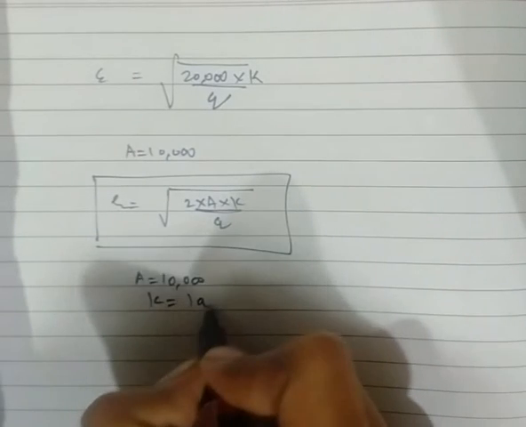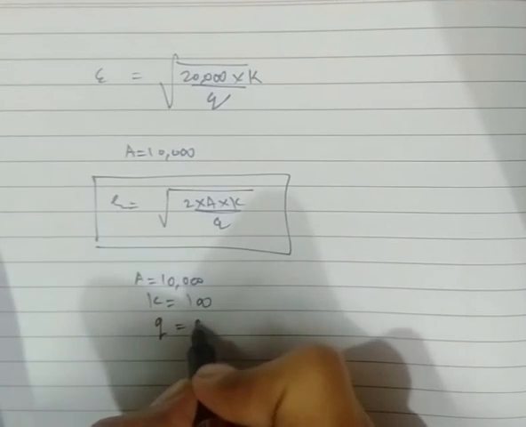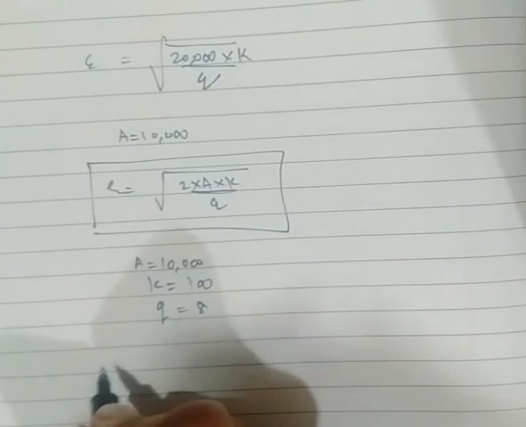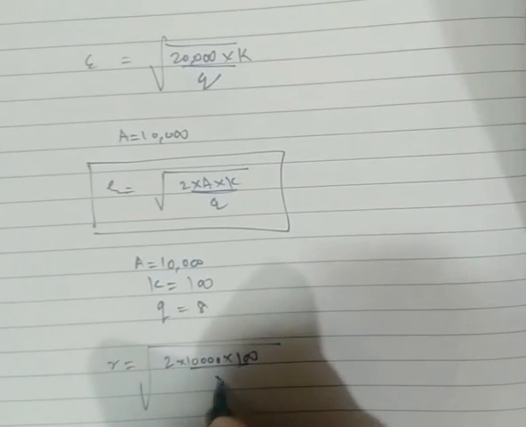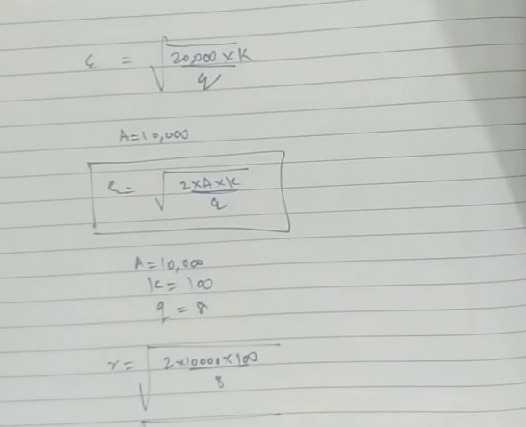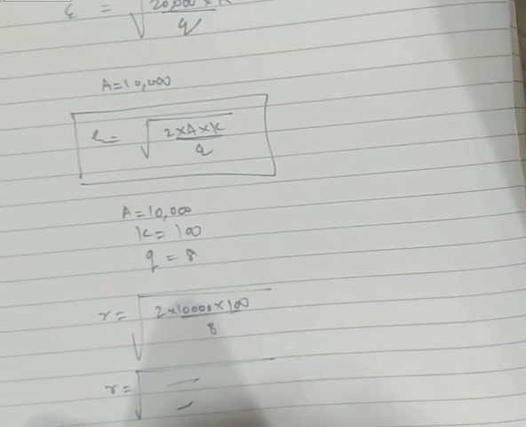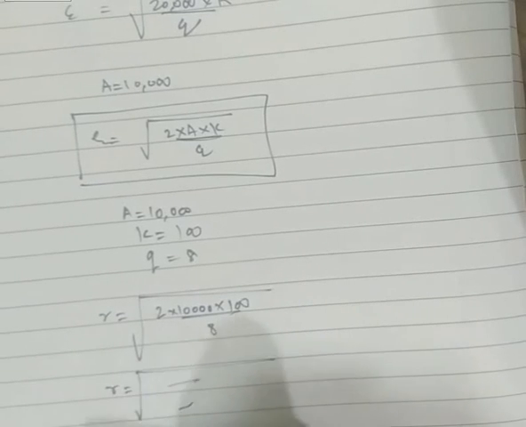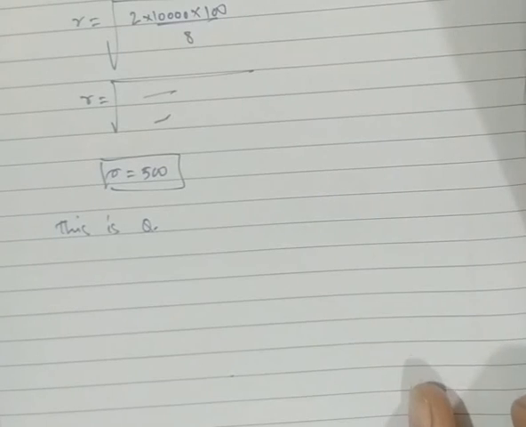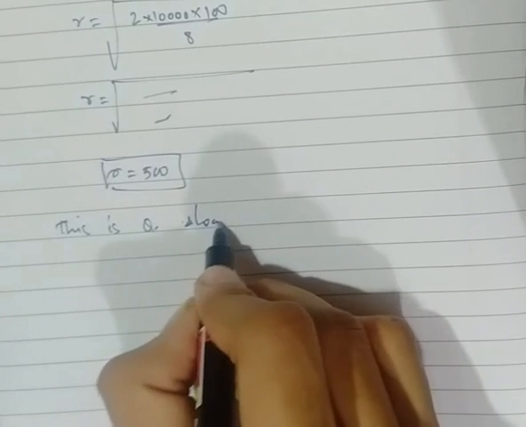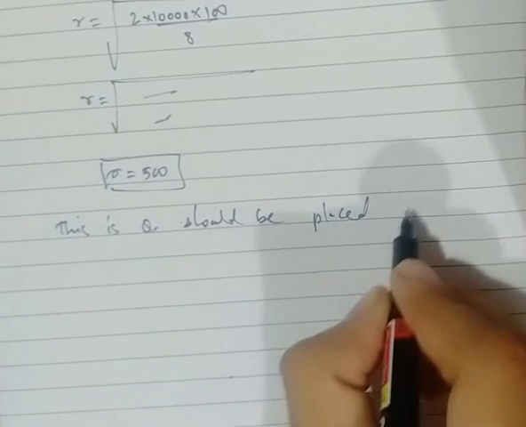So suppose k is 100 and q is 8, so r is the root of 2 times 10,000 times 100 upon 8. If you solve this, r is 500. This is the quantity that should be placed each time.